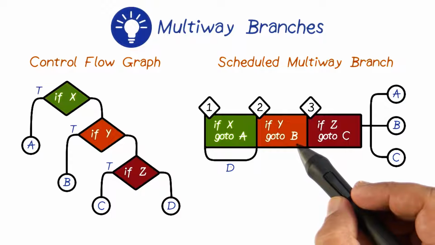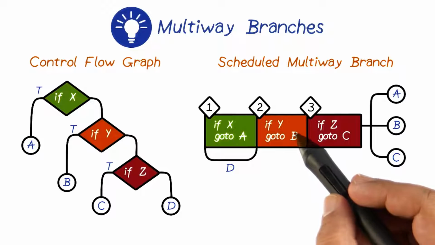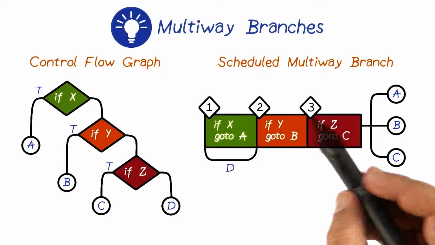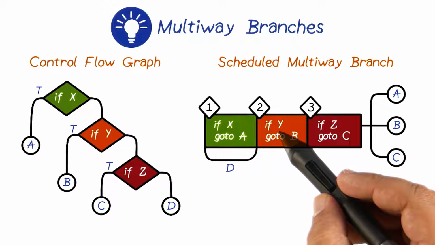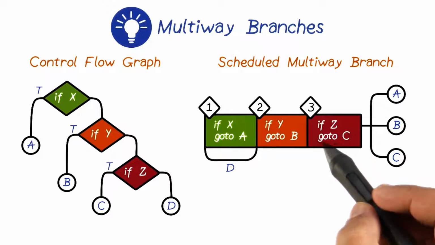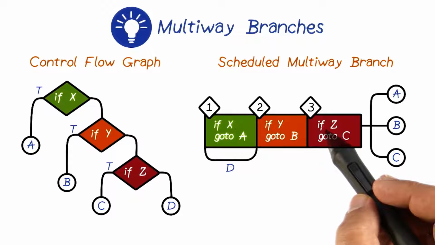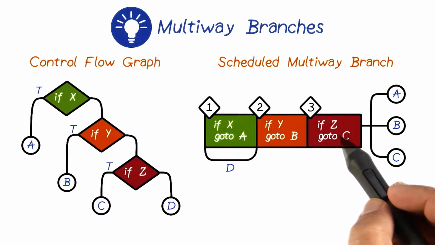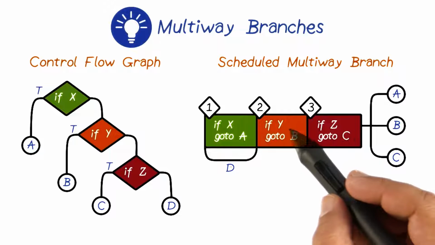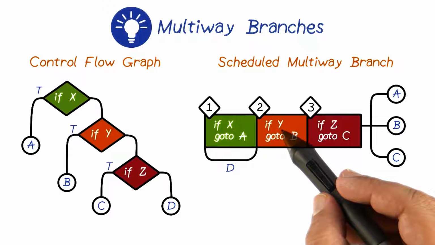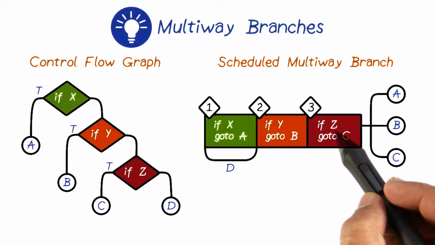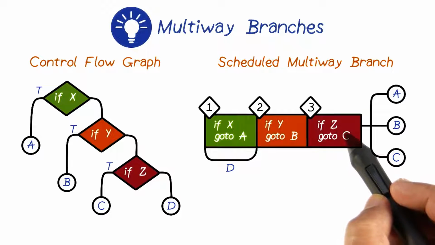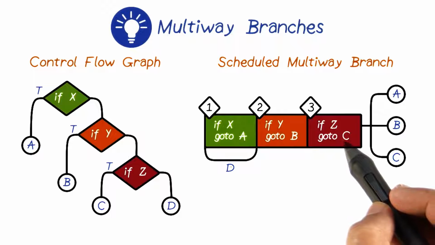If that happens to be true, then the destination of this branch will be B, and the outcome of the second branch will decide the predicate for the third branch. If the outcome of the second branch is true, then the predicate for the third branch is false, and therefore its destination is discarded. However, if the predicate for the second branch happens to be false, that in turn activates the branch 3, and its target becomes the effective target of the branch, which is C.